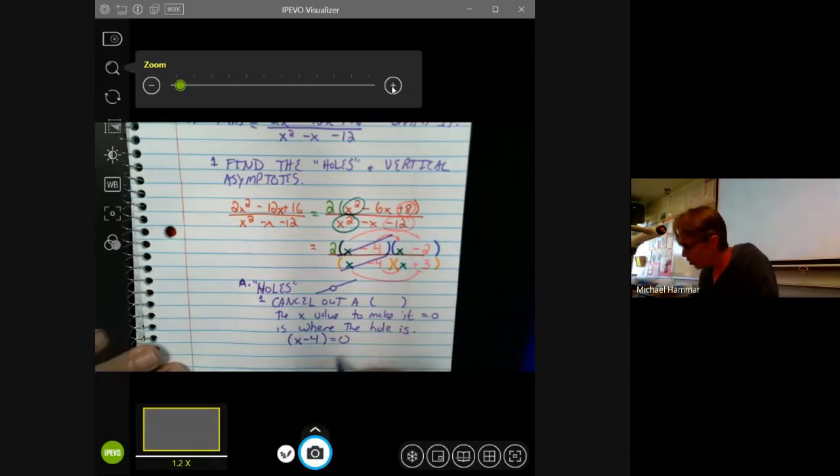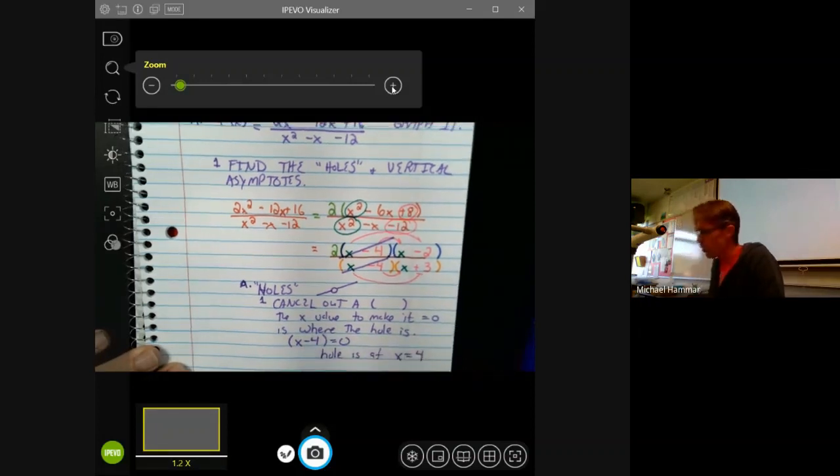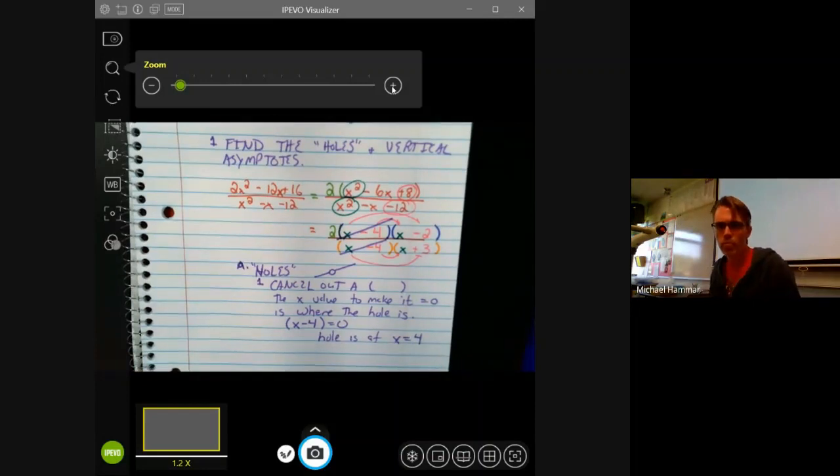So the hole is at x equals 4. So the thing that cancels out is the place where there is the quote-unquote hole. Please make sure that you set that thing in parentheses equal to 0.